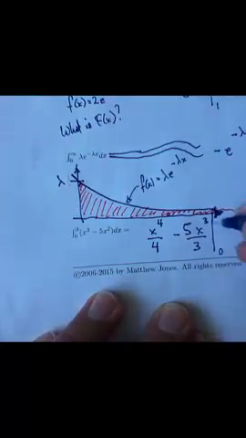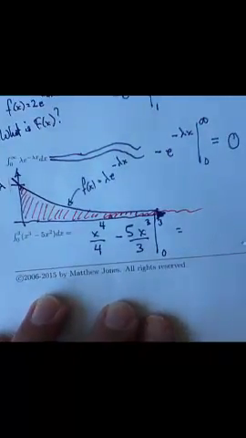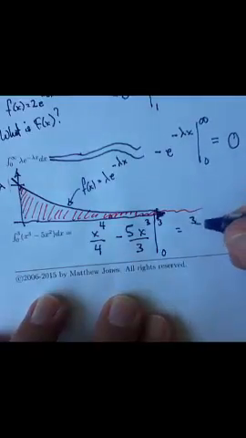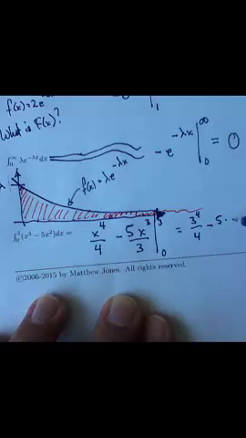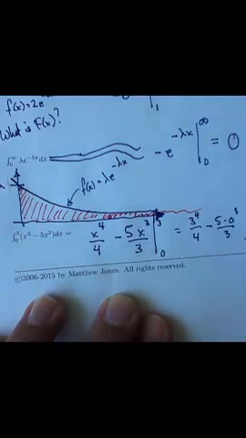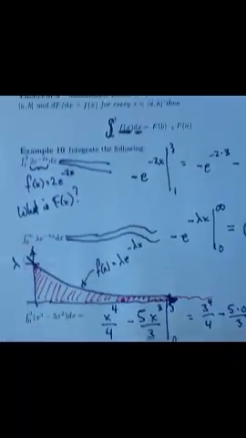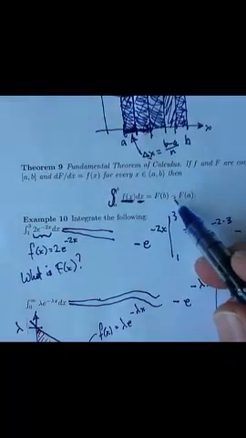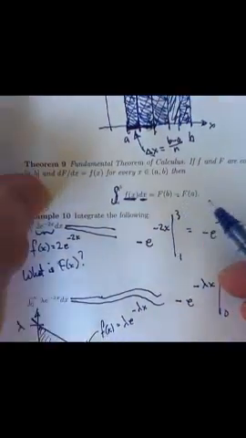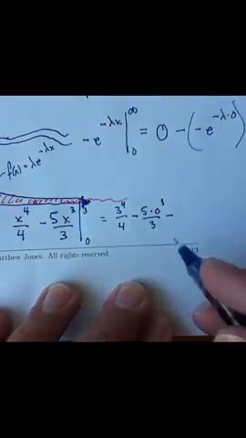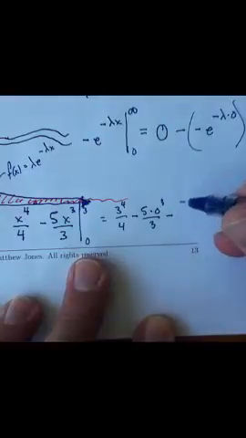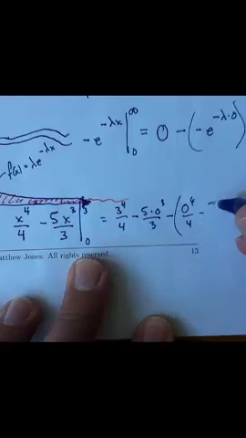And that's going from 0 to 3. Let's see, what does that evaluate to? That's going to be 3 to the 4th over 4 minus 5 times 0 to the 3rd over 3. And then minus, I'm going to evaluate this stuff now at the other endpoint, which is 0. Maybe I'll put all this in parentheses there. 0 to the 4th over 4 minus 5 times 0 to the 3rd over 3.